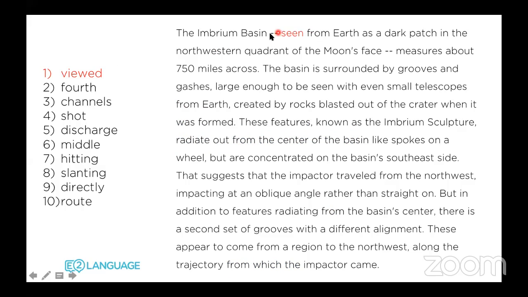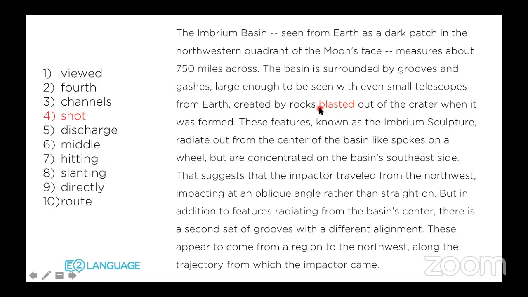So viewed, seen. So in your question, for example, it will use the word viewed, but in the text, in the passage, it may use the word seen. These are synonyms. Fourth in the question, quadrant in the passage. Channels in the question, grooves or gashes in the passage.